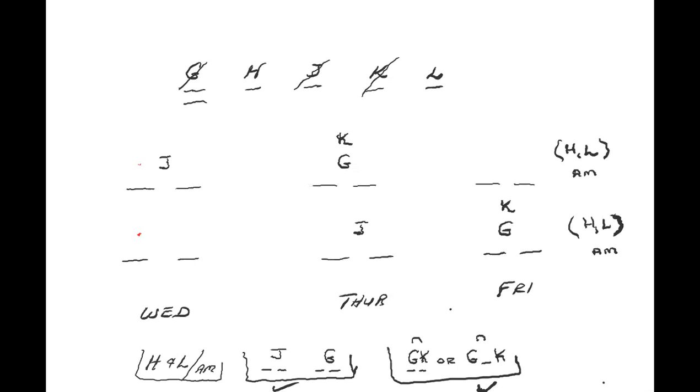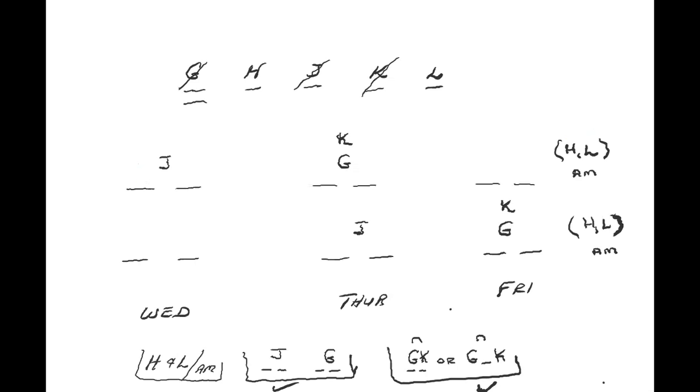If you took G, you're saying, well, why couldn't K be Wednesday morning? Because they're only separated by Wednesday afternoon. And the answer to that is over here at H and L. There'd be no room. You need 2 AMs for H and L. So the answer there is going to be K cannot be on Wednesday morning. The answer is A.